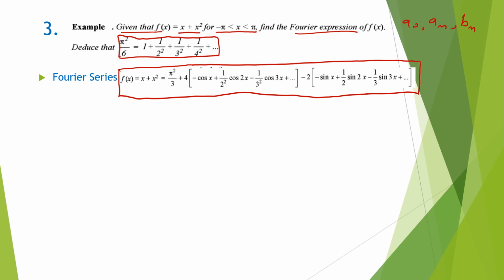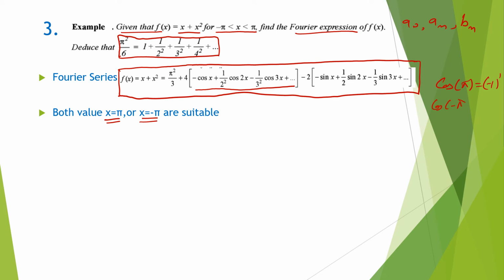Now we find that again the cos term is required, and cos is eliminated when the value of x is pi or the value of x is minus pi, like cos pi is equal to minus 1 to the power 1, and cos minus pi, because cos is an even function, is equal to minus 1 to the power 1. Now we replace the value of x as pi, we get this value.